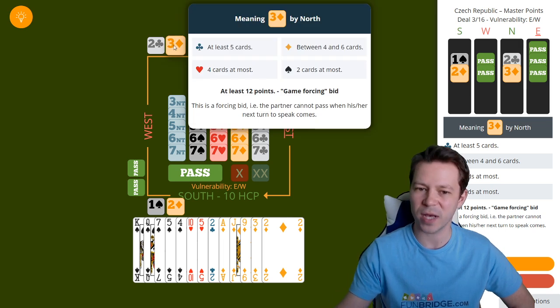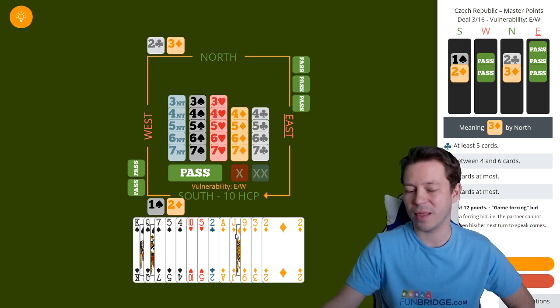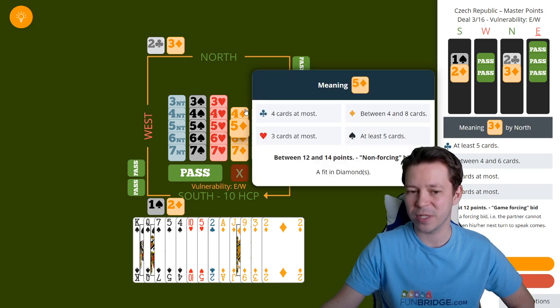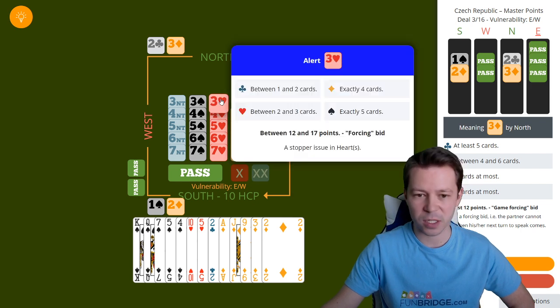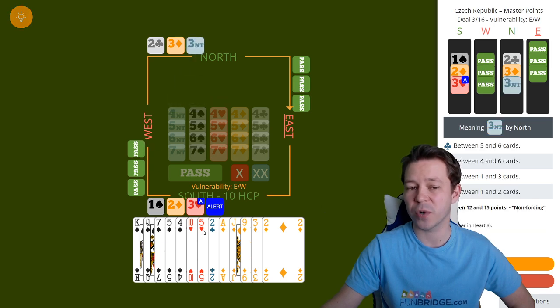and very probably we might have issues with hearts. So what we can do is that we'd like to play in the trump contract. We can jump to 5 diamonds, or we might just bid 3 hearts to ask for the stopper in hearts.